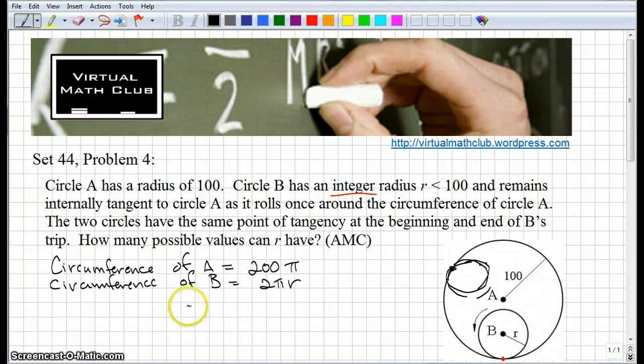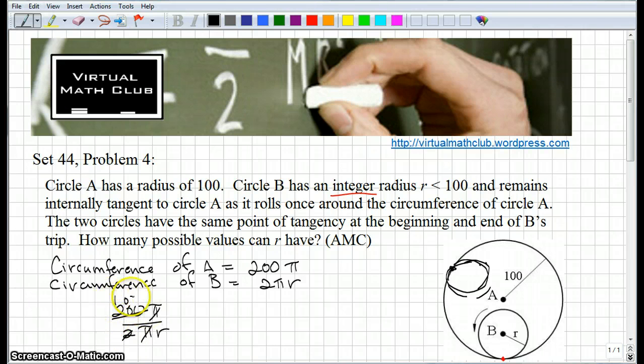Okay, so let's take a look at the ratio of these two circumferences, because we know that the ratio has to be an integer. If we take 200 pi and divide it by 2 pi r, the pi's cancel out. Pi over pi is just 1, and 200 over 2 is just 100.